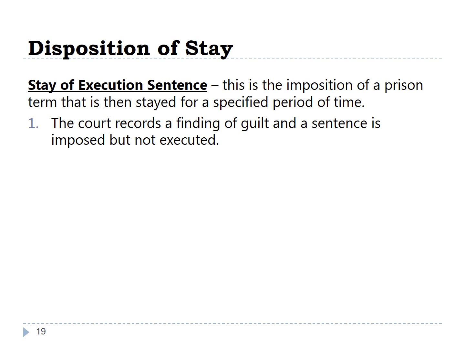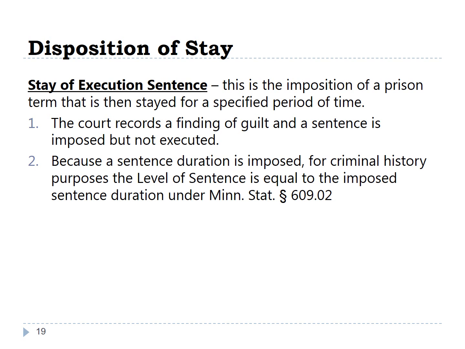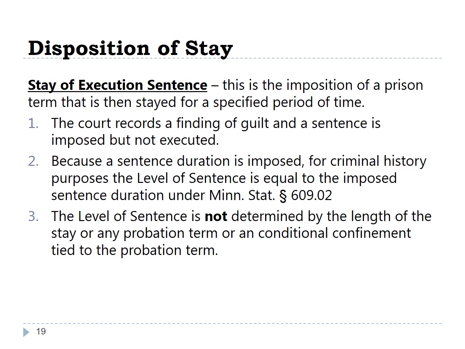When an offender receives a stay of execution, a term of prison or local confinement will be imposed and then stayed for a specified period of time. Additionally, the offender may receive local jail time as a condition of probation, known as conditional confinement.